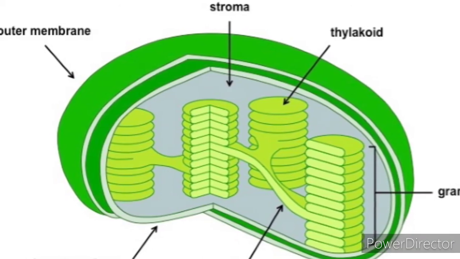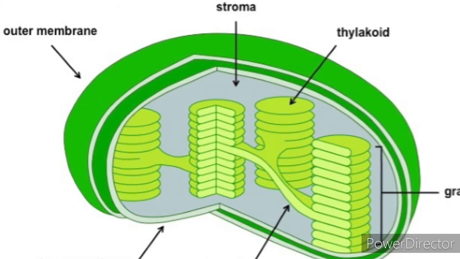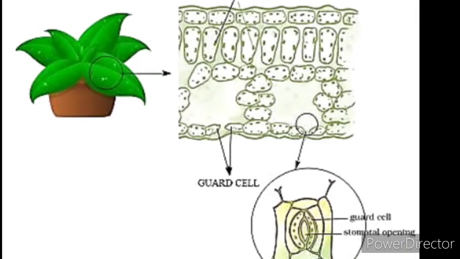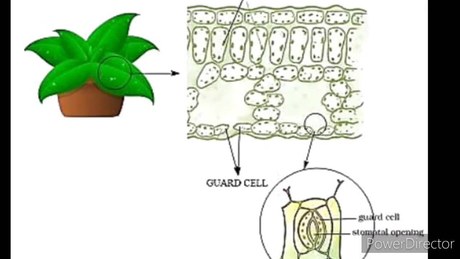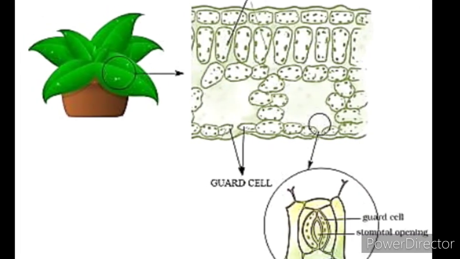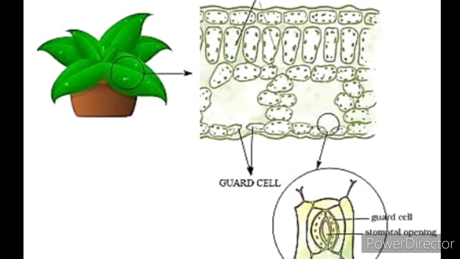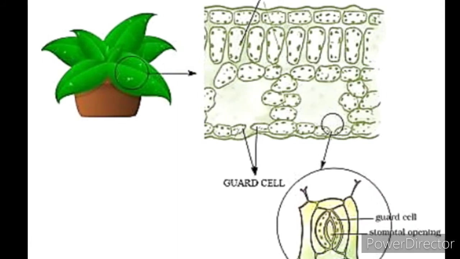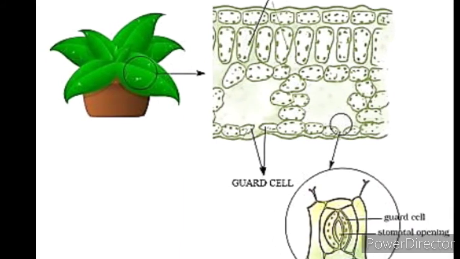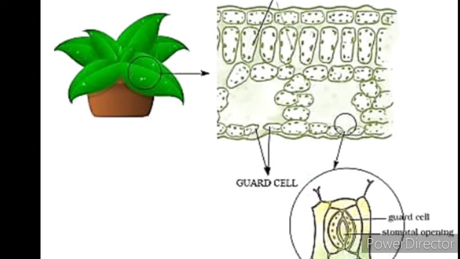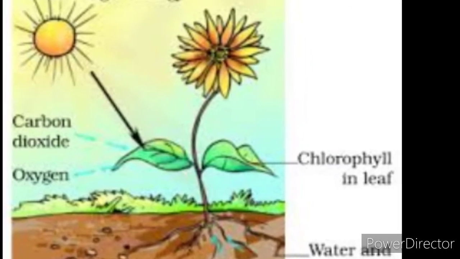Starch is prepared. The starch is stored in various parts of our plant. Some plants store it in leaves, stem, fruits, vegetables and roots also. So according to their habitats, plants have their own adaptations to store food. This is what we can see here, the simple process of photosynthesis.